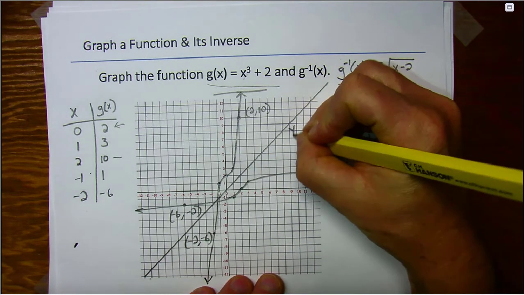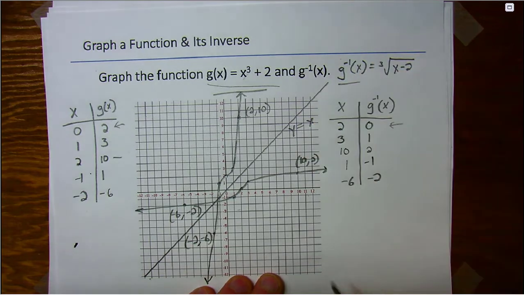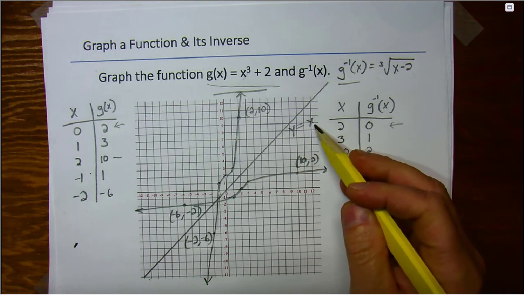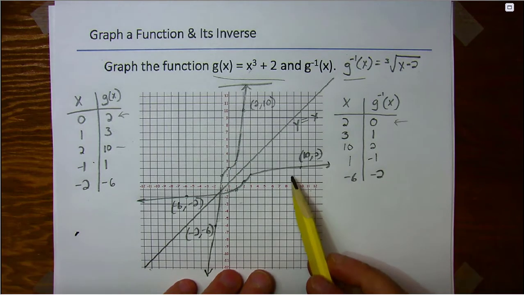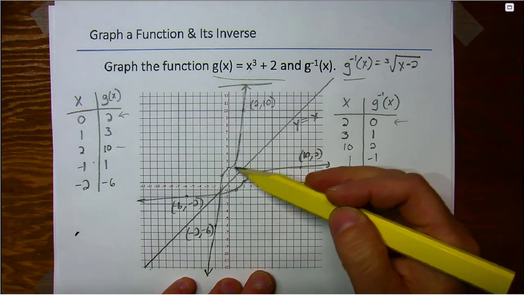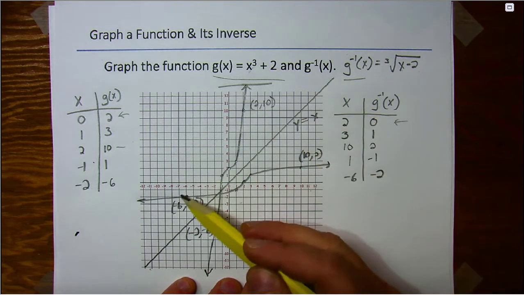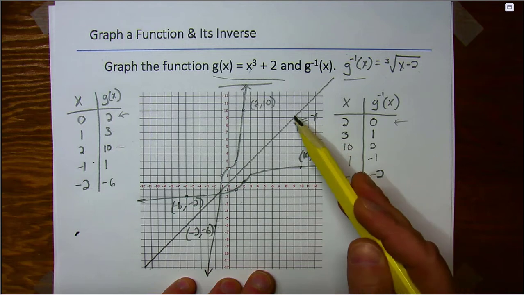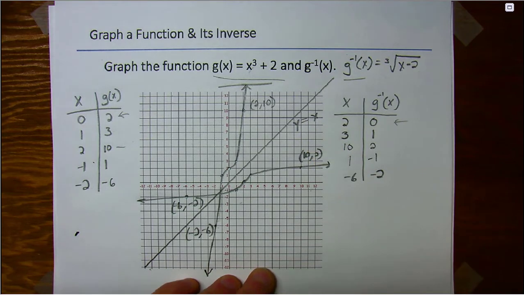This is the line y equals x. These are all the points for which the y value and the x value are the same. What happened here will always be true for functions and their inverses. Whenever we find an original function, the inverse will always be the mirror image over the line y equals x. This turns out to be an important function, and we'll come back and talk about that in a minute.